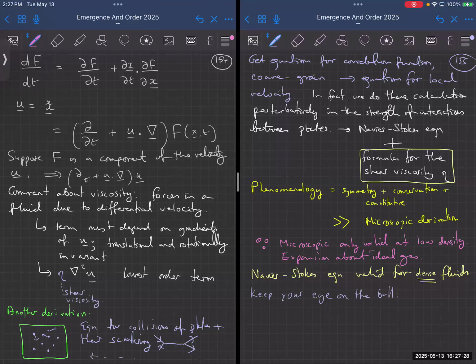And the ball in this case is we want to understand the long wavelength description of the system, of the patterns, and not the particle collisions. So we hope that there is this scale separation.